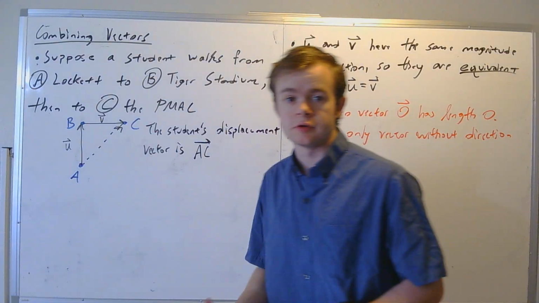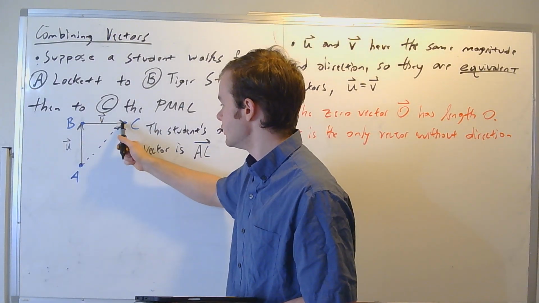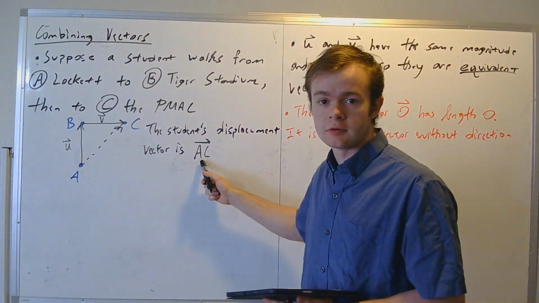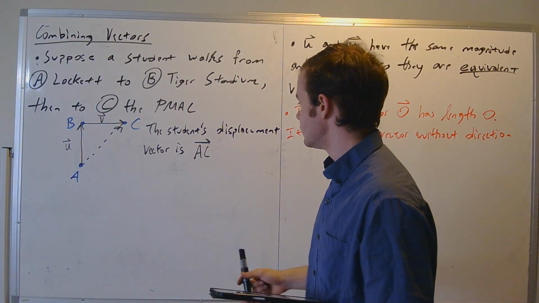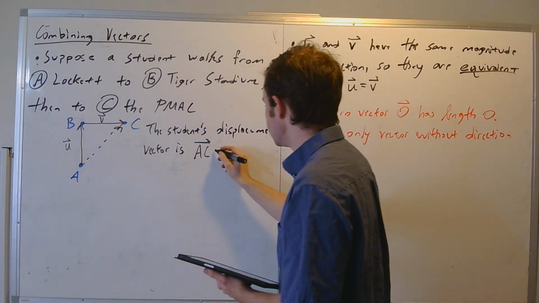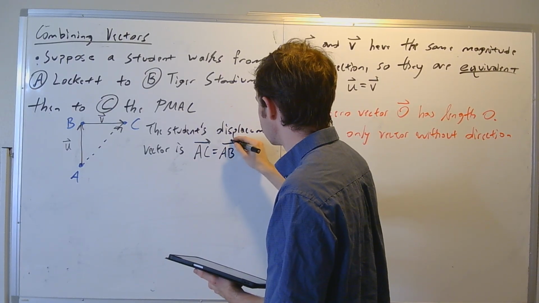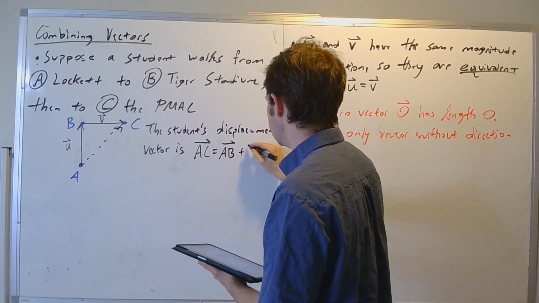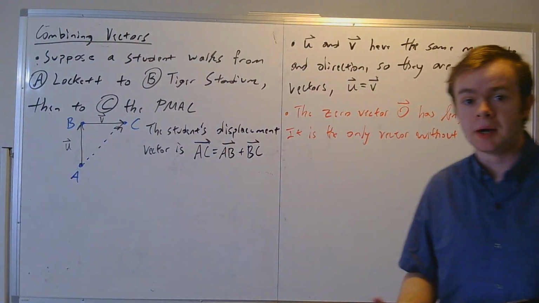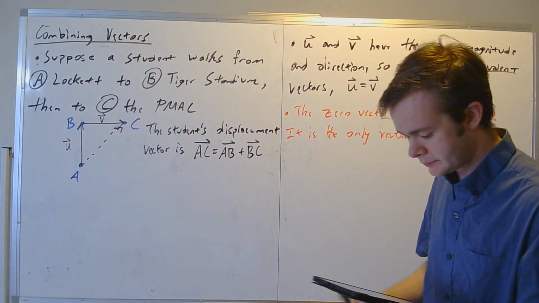So the total displacement, we're looking at the total displacement. So you're going from A to B to C. So in total, you're going from A to C. So the displacement vector is AC. It's the vector between A and C. And it's going to be the vector AB plus the vector BC. Right, so we're looking at combining vectors, so we're adding the two vectors here.